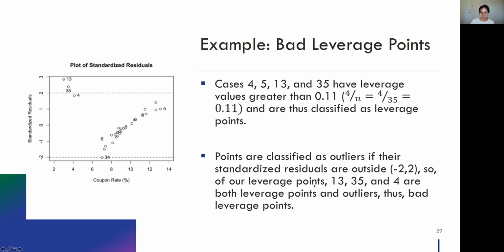So for our leverage points 4, 13, and 35, they are both leverage points and outliers, so they are bad leverage points. This is how we use the standardized residual to determine if it's an outlier. If it's an outlier and a high leverage point, it's a bad leverage point. Sorry about the typo here. I'll correct this error when I post the slides.